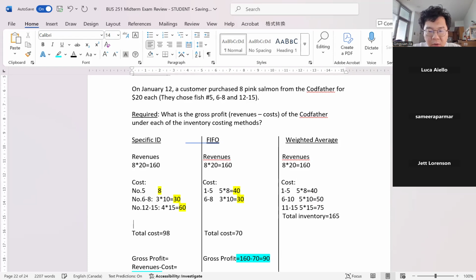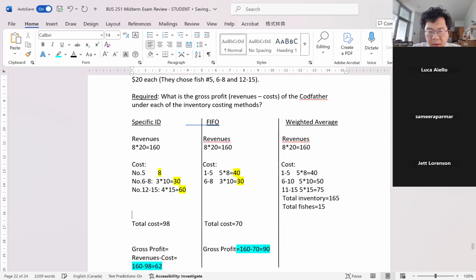And the total units. How many units do we have? Total fishes, sorry. Total fishes we have is 15. And then we're going to come up with a new price.